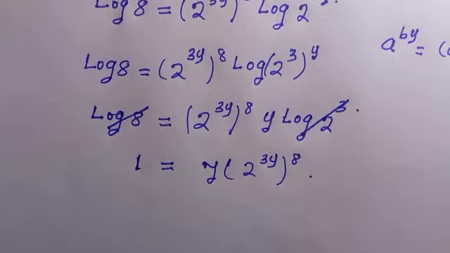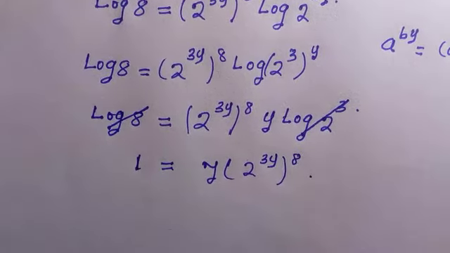What else are we going to do with this? It's very simple. I'm just going to make a quick assumption that the value of y here is 1 divided by 8.